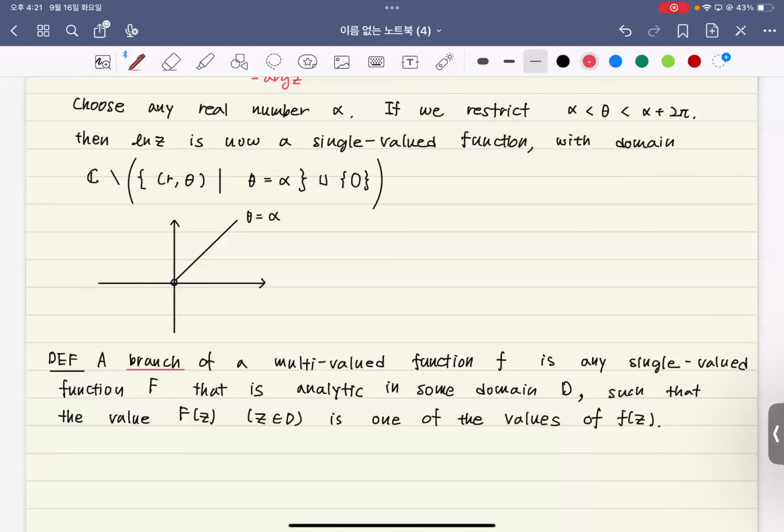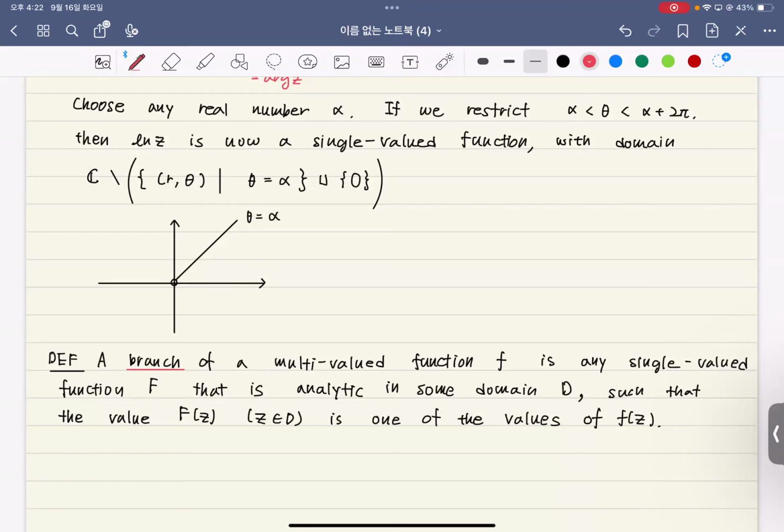Okay, so what is a branch? Suppose that you have some multi-valued function. That can be a double-valued function or triple-valued function, or that can be an infinite-valued function. Whatever your multi-valued function is, first of all, you have to restrict your domain. So suppose that I restrict my domain to some domain D. D is some open and connected set. And I require this single-valued function, large f, to be first analytic.